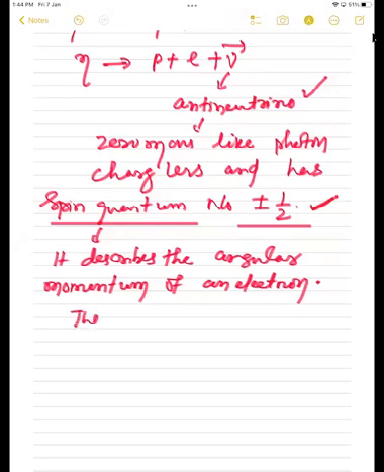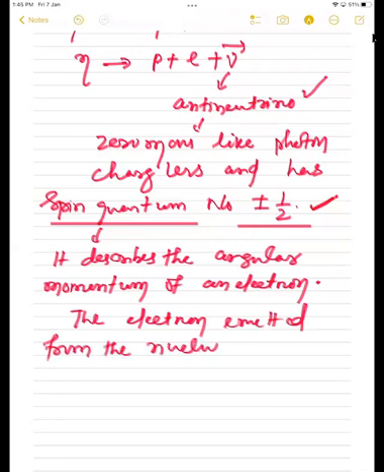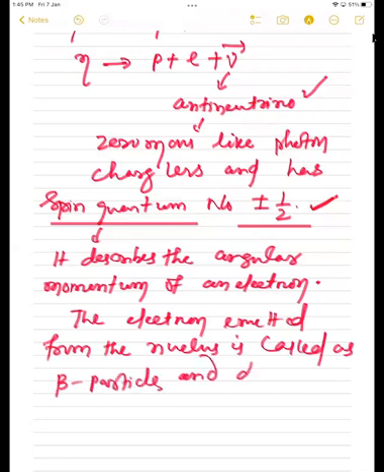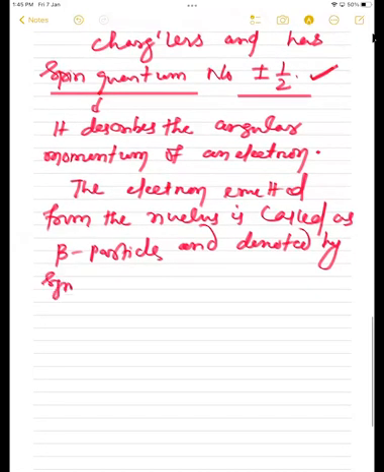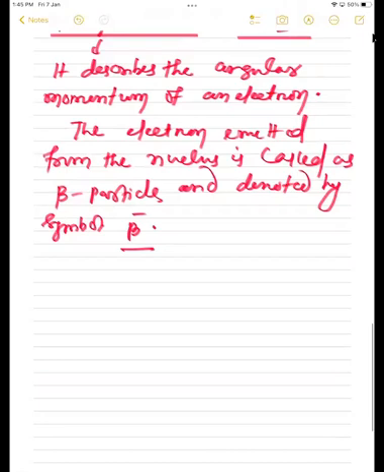The electron emitted from the nucleus is called a beta particle and is denoted by the symbol beta minus, right? And students, a stream of such beta particles coming from a bulk of unstable nuclei is called a beta ray. Yes or no?